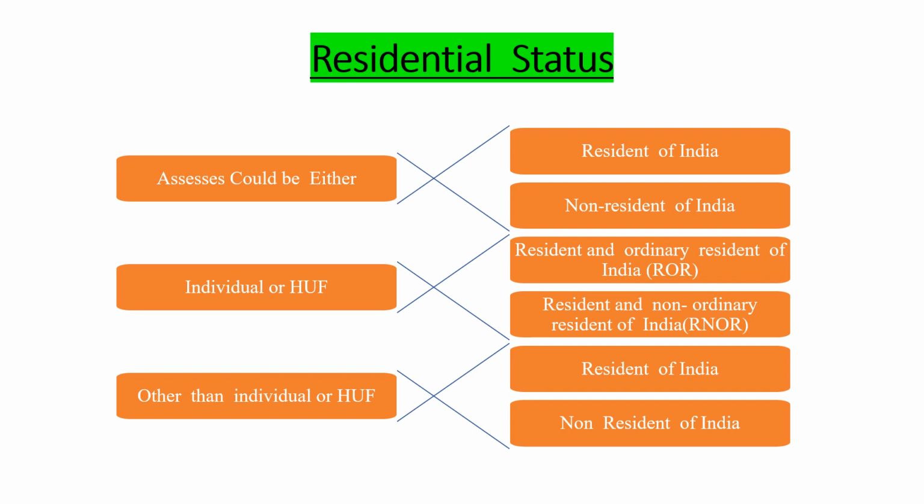Under the individual and HUF category, it may again be resident and ordinary resident of India, or resident and non-ordinary resident of India. In shortcut, we can say ROR and RNOR. And other than the individual and HUF category, it will fall either as resident of India or non-resident of India.